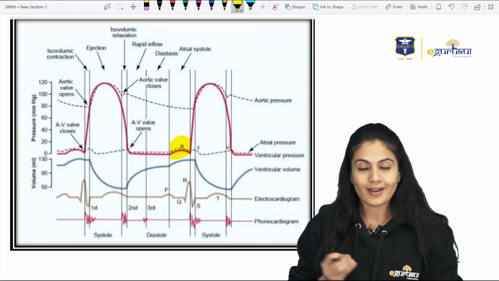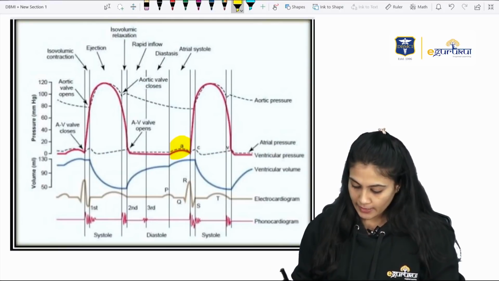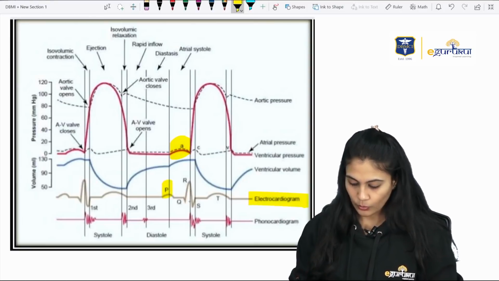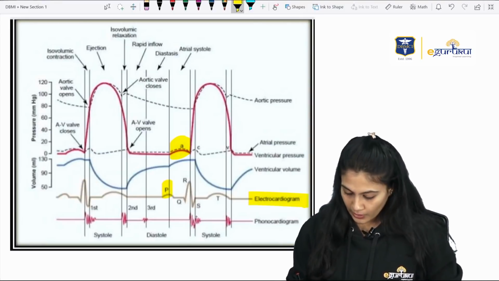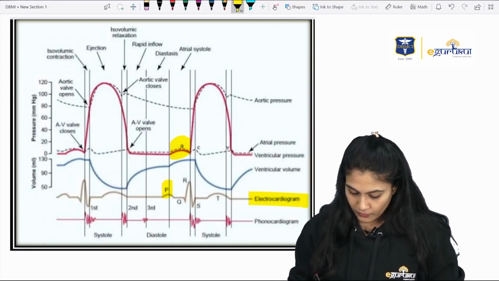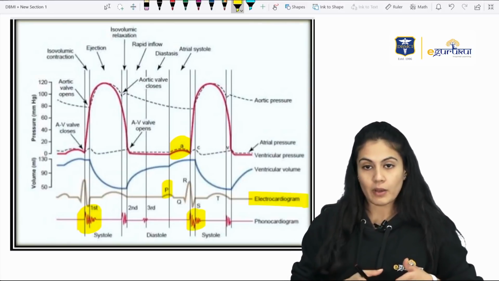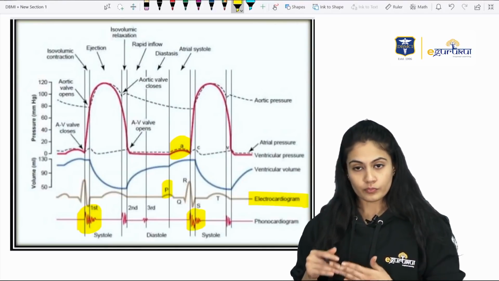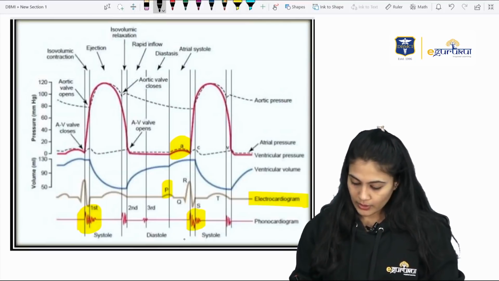The dotted lines are showing the JVP waves, and over here what you can see is the ECG, all the waves, P wave, Q wave, R, S and T, and the phonocardiogram is shown below. The first heart sound is this one. So you can see that P wave comes first, then the A wave and then the phonocardiogram S1 wave. So what is left?